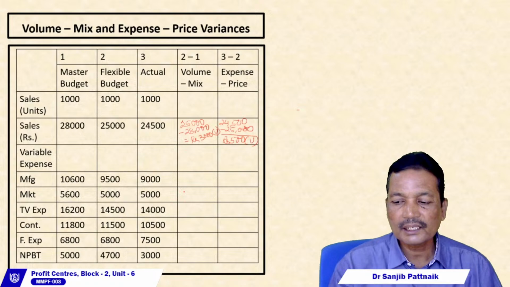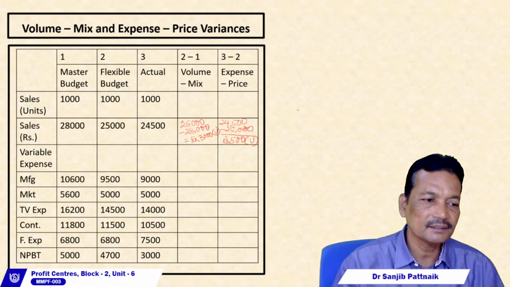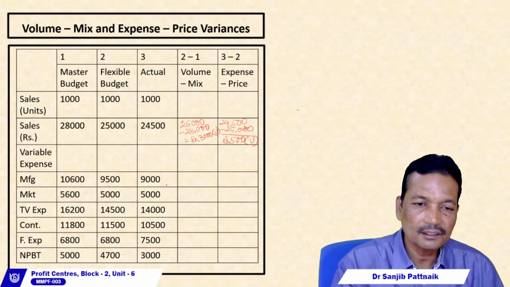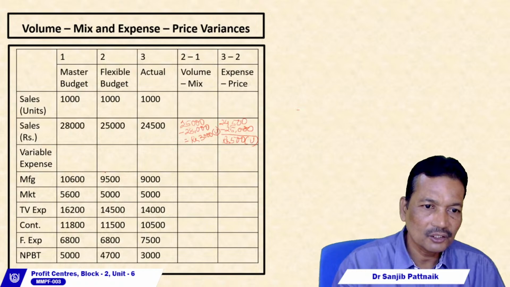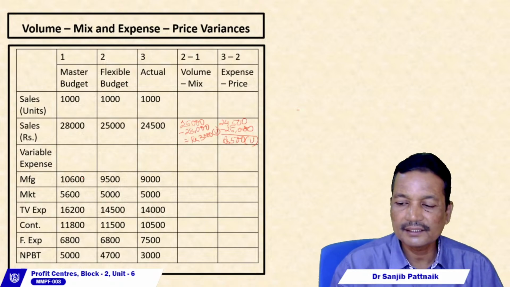Now look at the various variable expenses. Similarly, we can go on calculating the first one, volume variance 9,500 minus 10,600.